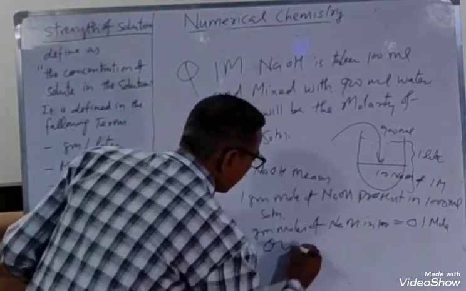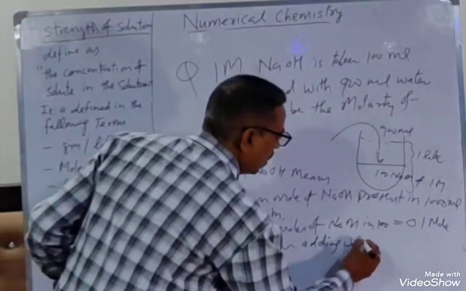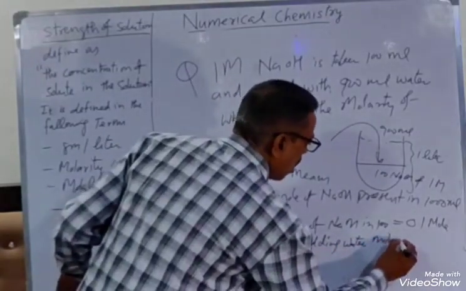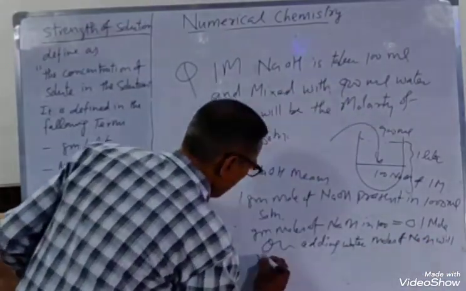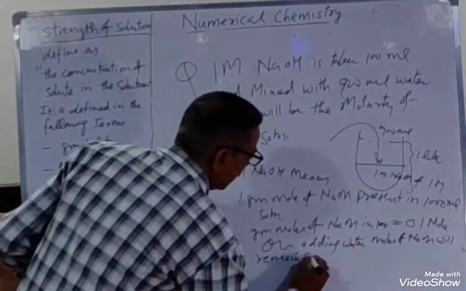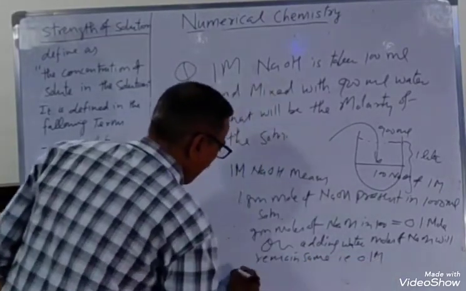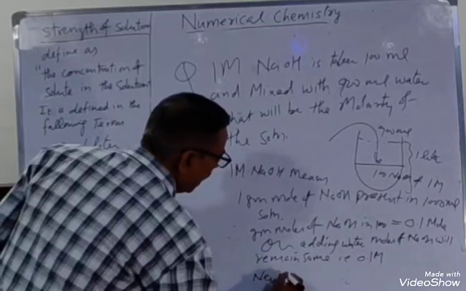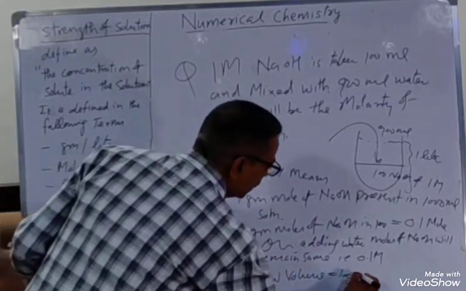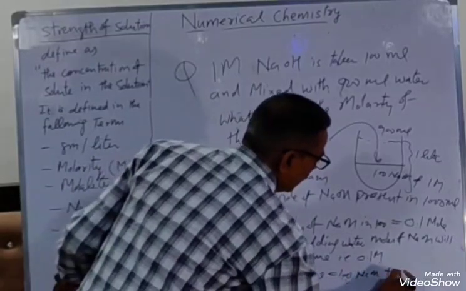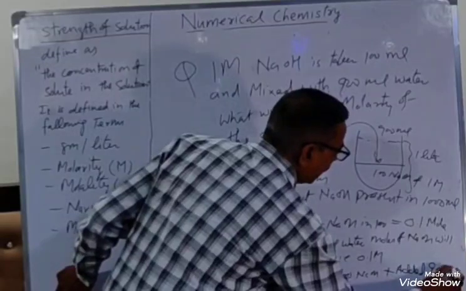On adding water, moles of NaOH will remain the same, that is 0.1 mole. After adding new volume, 900 ml water is added. Originally 100 ml NaOH, then added 900 ml water.